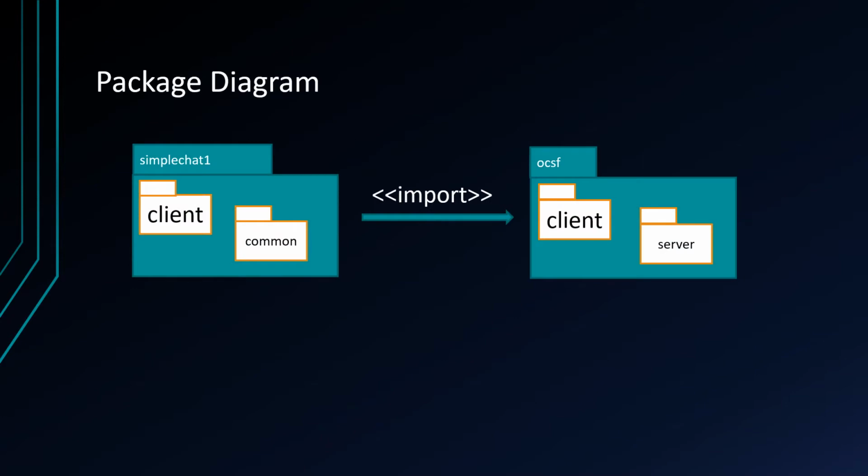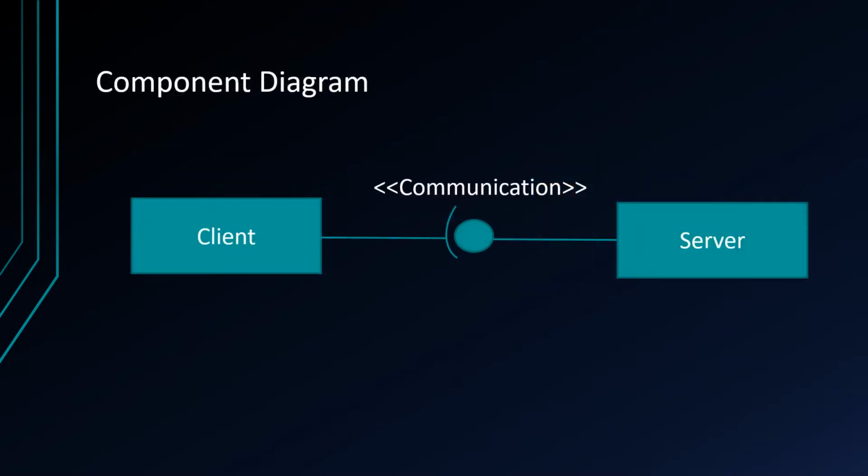This is the example of the package diagrams. We have a client common folder, imported into the client server folder. So in the component diagram, we have a client, and of course communication, bound into the server.